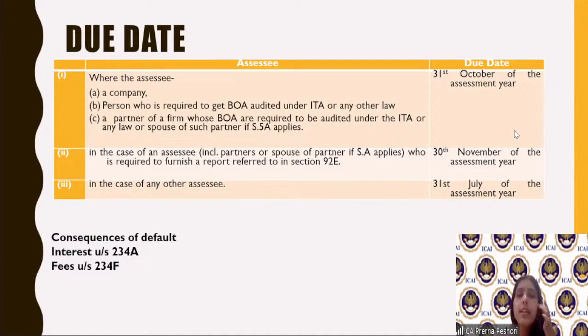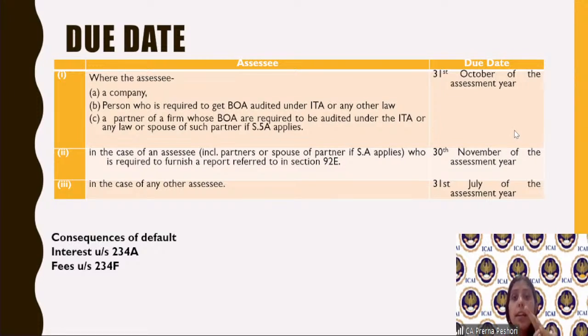So it is possible that there are certain firms like LLPs that are required to carry out their audits under the LLP Act, right? It is possible that there are other kinds of assessees who are required to get their accounts audited under any other law.